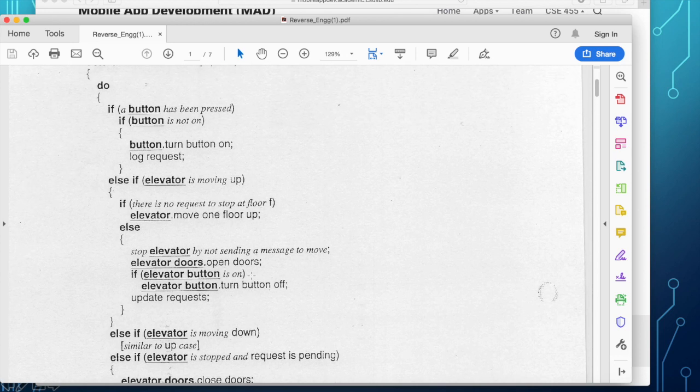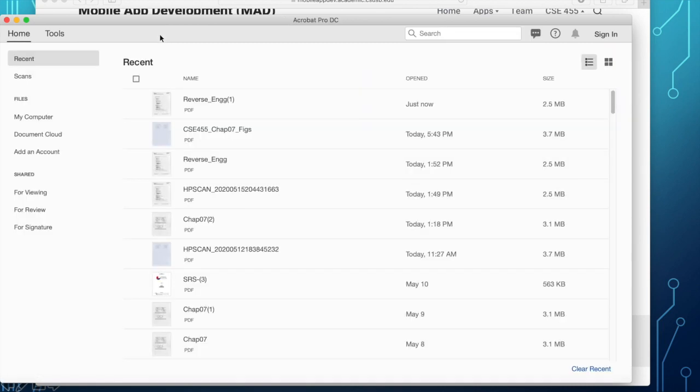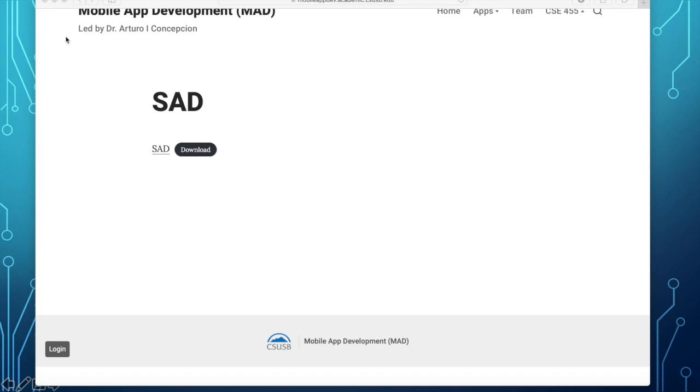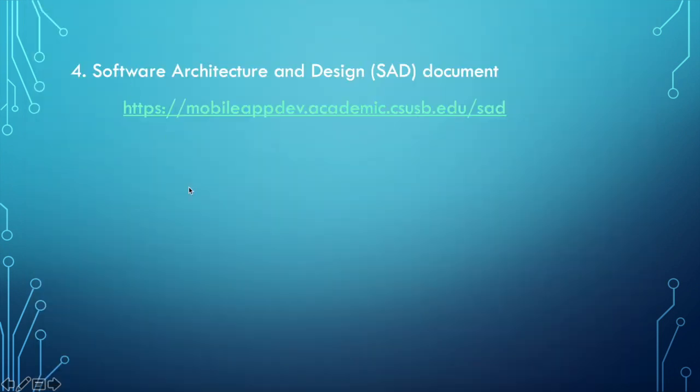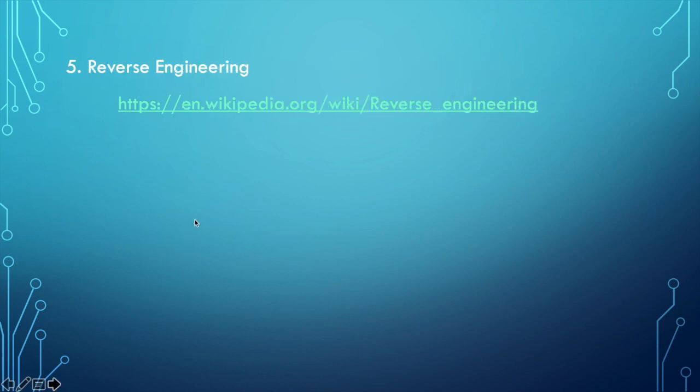All right. Now, let's see. Let me get out of this. Okay. And let's continue to the next slide, which is the reverse engineering. Right?